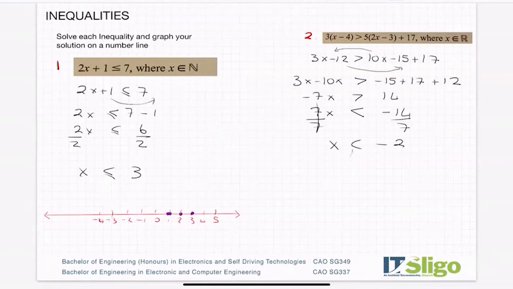Okay, so let's plot. So it's minus 2, so I might start a little bit above it.